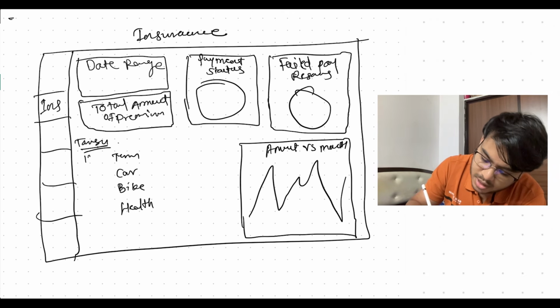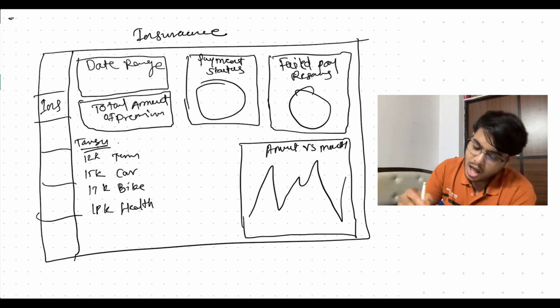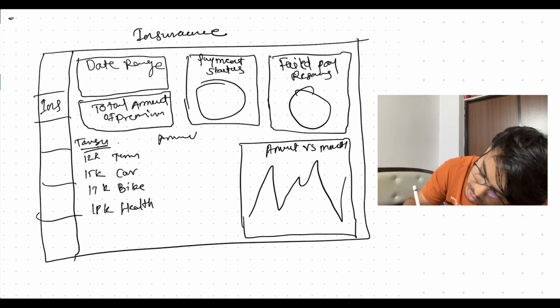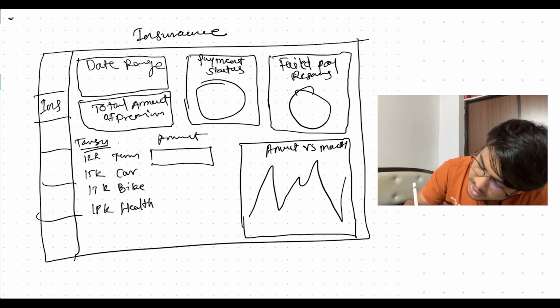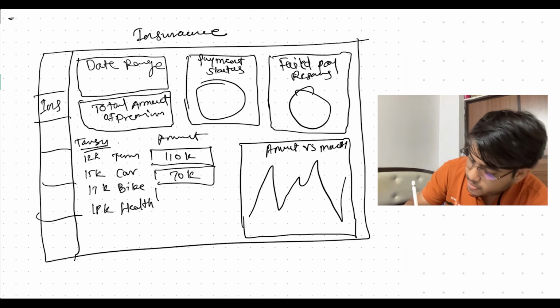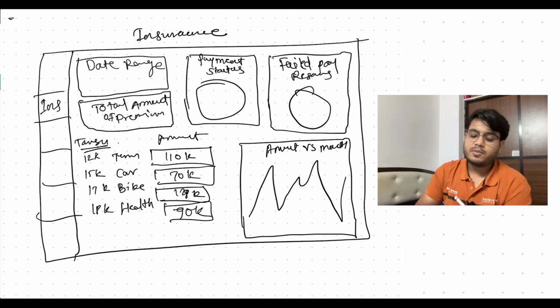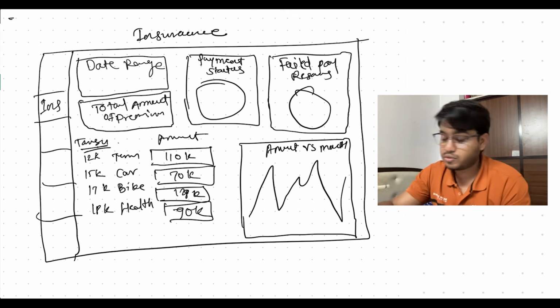Let's say 12k transactions here, 15k here, 70k here, 18k here. And here we'll mention the amount, which can be anything, let's say 110k, here 70k, here 128k, something 90k. So this will be our second page that we are going to work on.